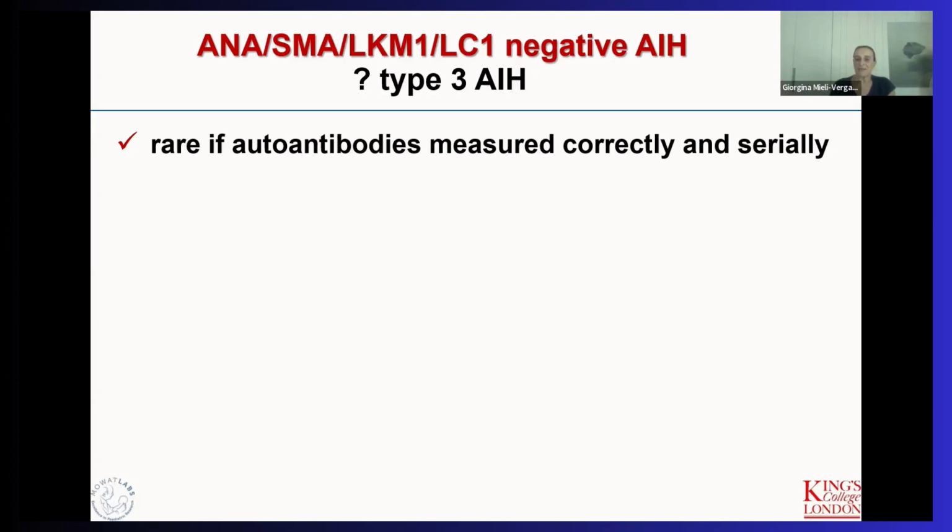And also they should be done serially, because we observe, and not only we, but several people have observed, the autoimmune hepatitis or autoimmune sclerosing cholangitis present very acutely. Often the autoantibodies are negative, and they become positive during treatment while the disease becomes less acute, possibly because the autoantibodies are in immune complexes at the time of very acute presentation.